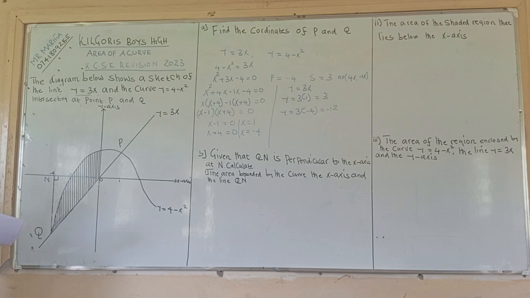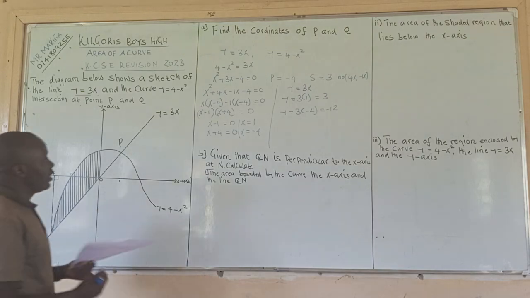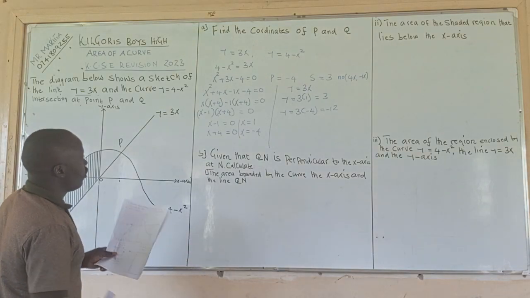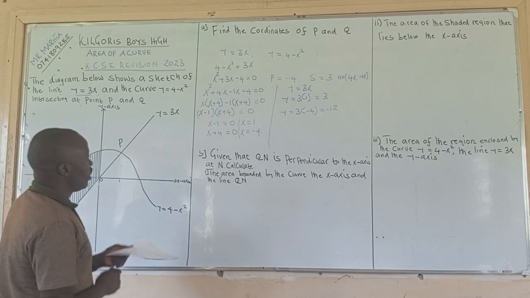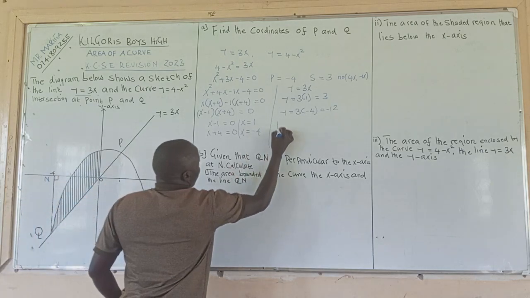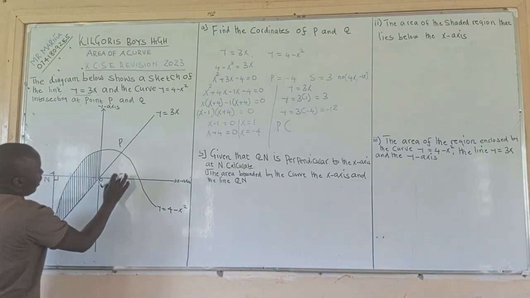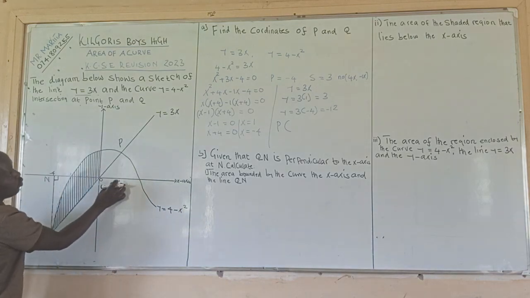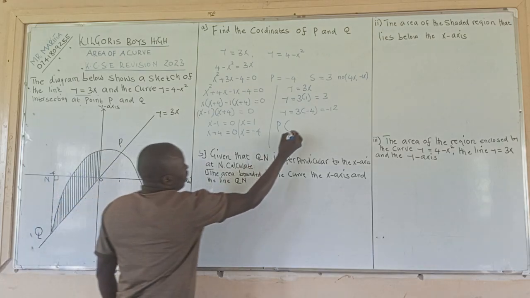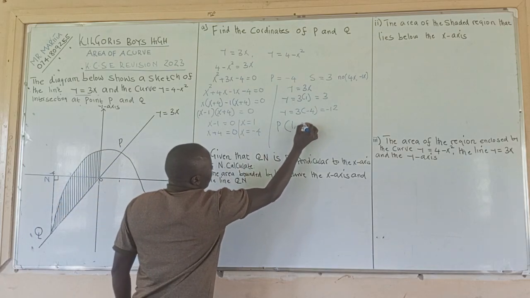Now, to get the coordinates of P, we have x equals 1, y equals 3. So the coordinates are 1, 3.